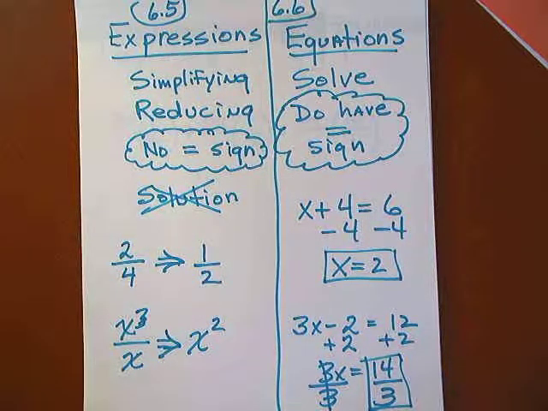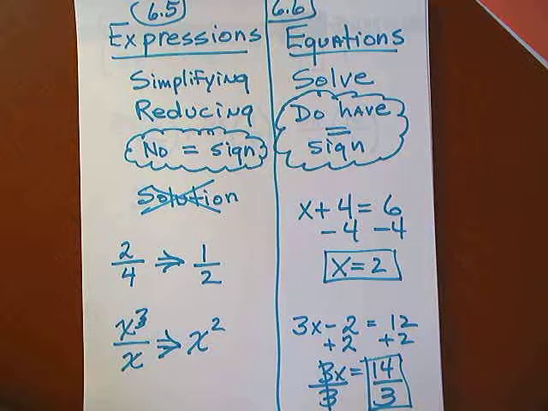So basically you're just trimming the fat, getting rid of all the extra stuff, and getting it down to the basic reduced form. And that's what we did in 6.5. We would take oodles and oodles of terms and chop them down to get the basic term, the reduced term.